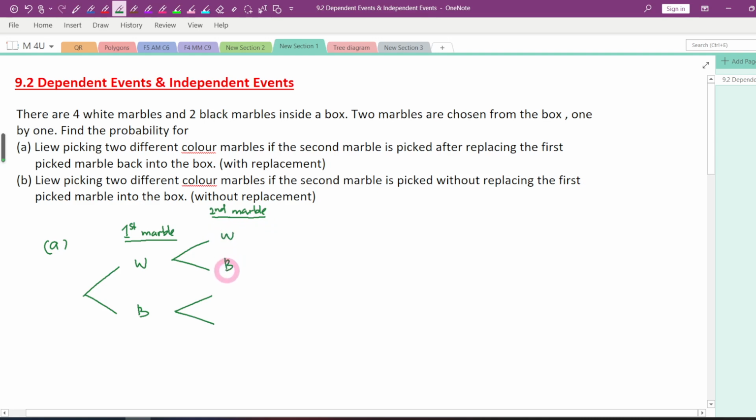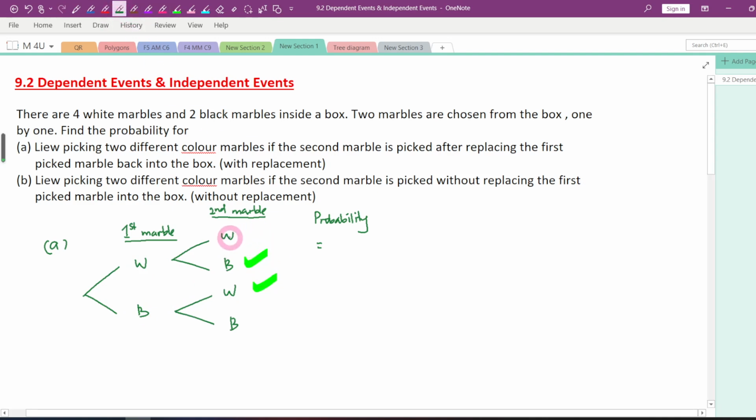White, black, white, black. And they start counting this way. So we want to find the probability of getting 2 different colors. So this means that white, black, or black, white, right?